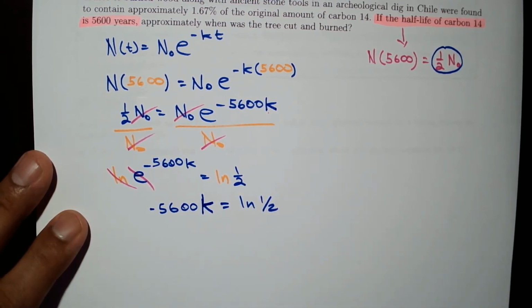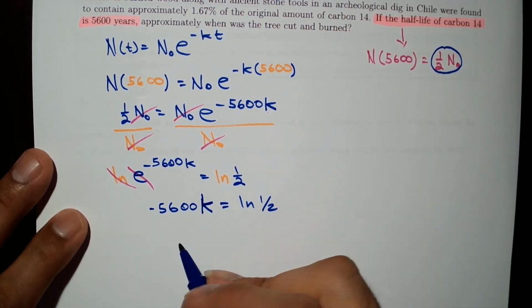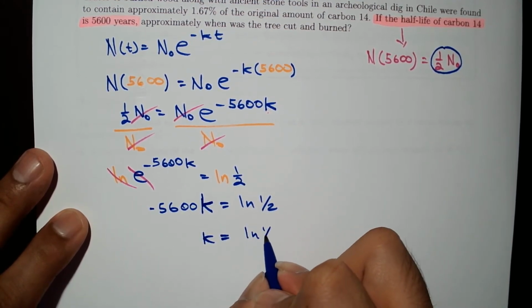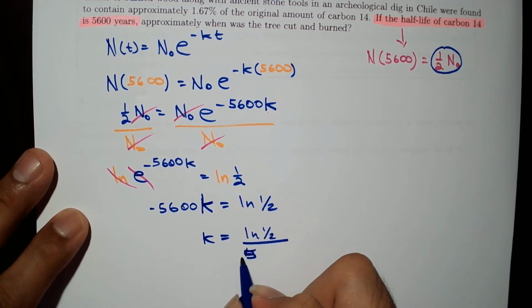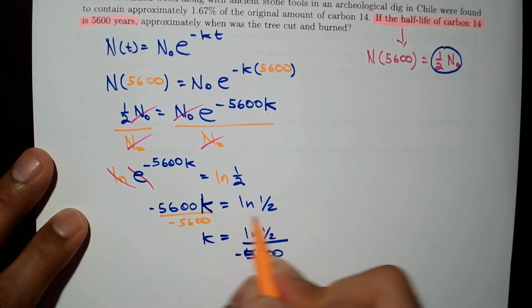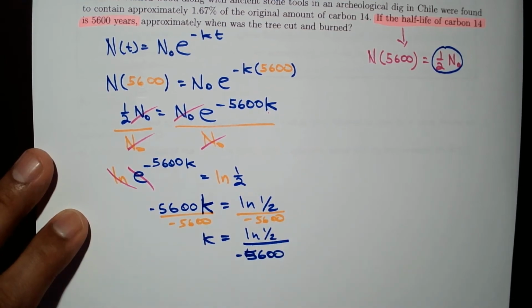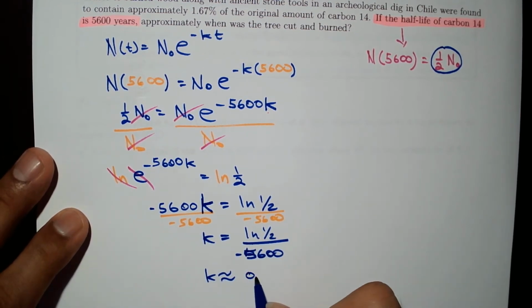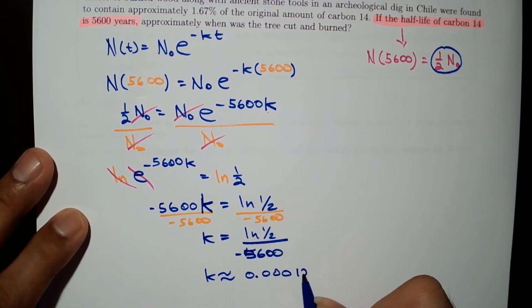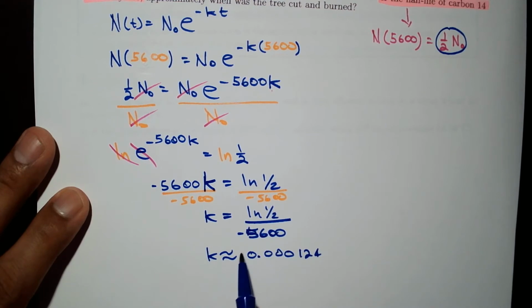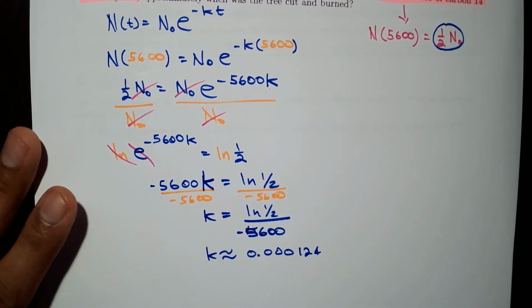All right, so if we solve for k over here, we are going to get ln of 1/2 divided by negative 5600, and k is approximately 0.000124. Okay, in this case we get a positive value, but it's going to adopt a negative sign once we put it in here.